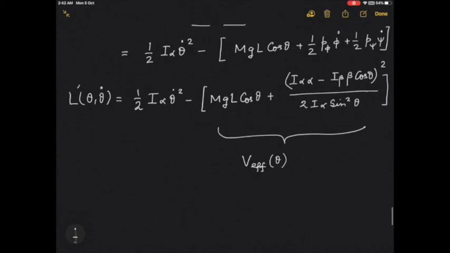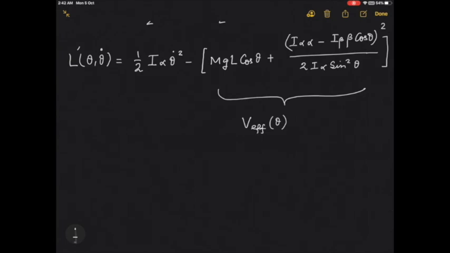So as we already know now, I can use Bernoulli identity, and I can write a constant which happens to be the total energy, which is half I alpha theta dot square plus V effective theta.